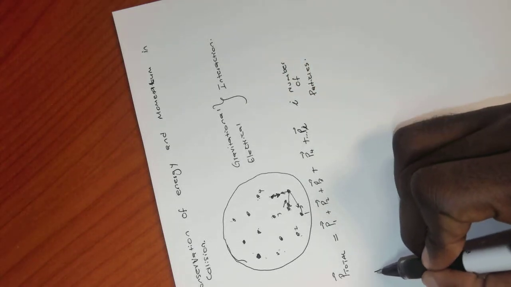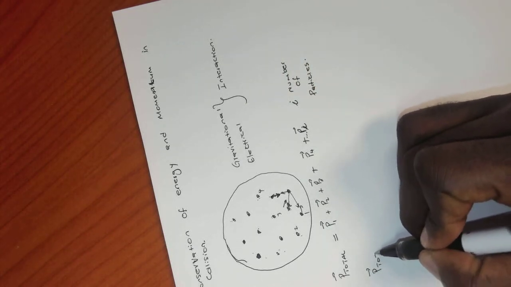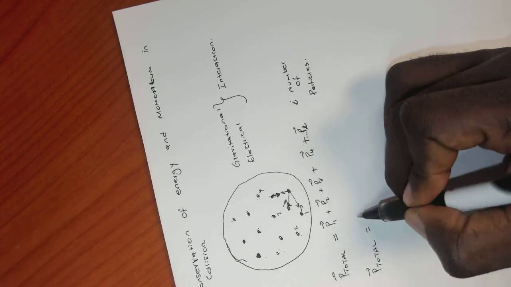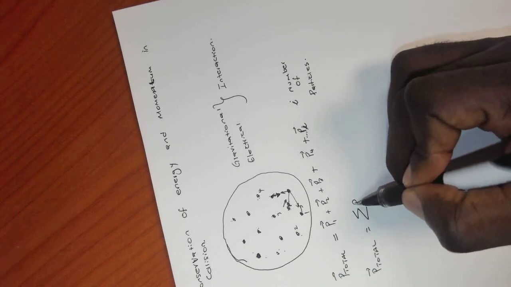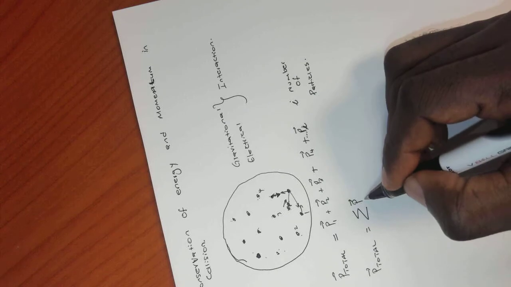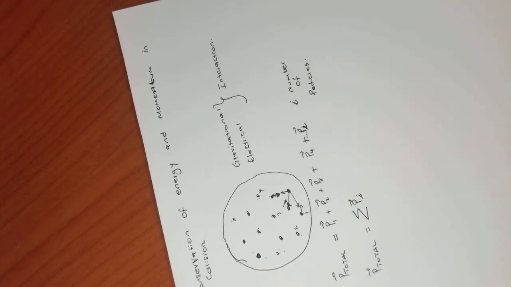And this can be simplified by writing it like this: the total is the sum of all the momenta that are involved.